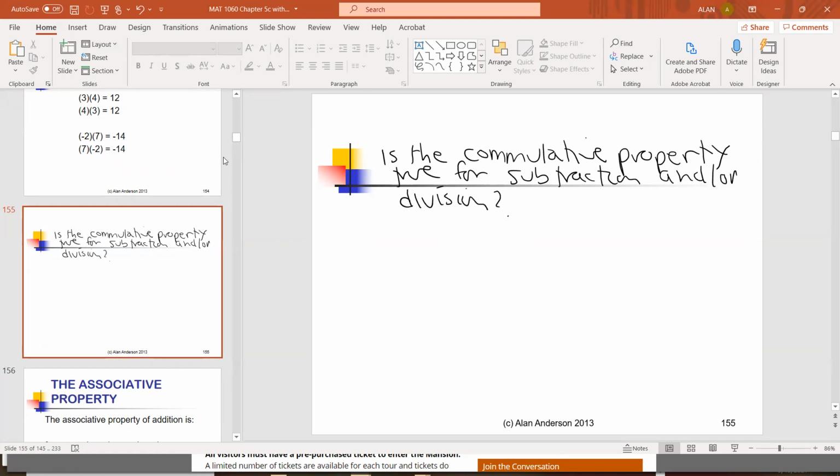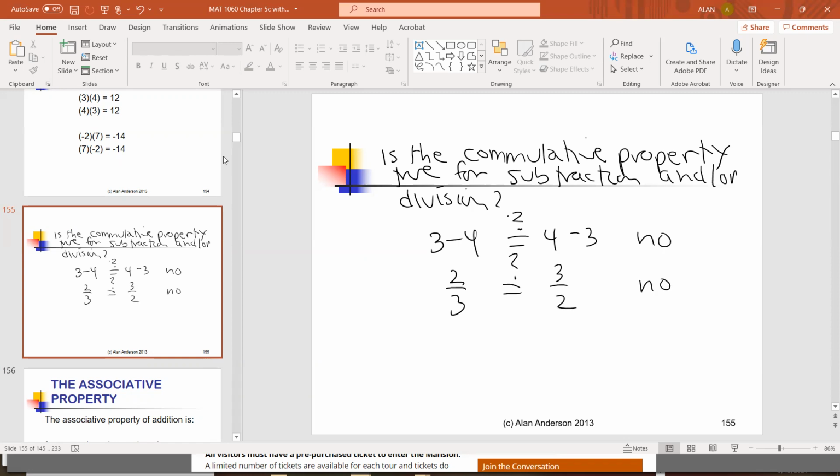Well, let's find out. Let's say, is it true that 3 minus 4 equals 4 minus 3? No. Obviously, you see what I mean? It doesn't work here. How about this one? Is 2 divided by 3 equal to 3 divided by 2? No. By the way, this equal sign with a question mark means exactly what it says: are they equal to each other?